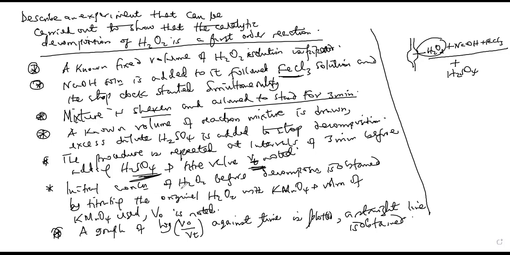Then the initial concentration of hydrogen peroxide used can be obtained by titrating the original with potassium permanganate, and that will also give you the volume of potassium permanganate used, which I have called V naught. Then you plot the logarithm of V naught over Vt against the time taken. That will produce a straight line.